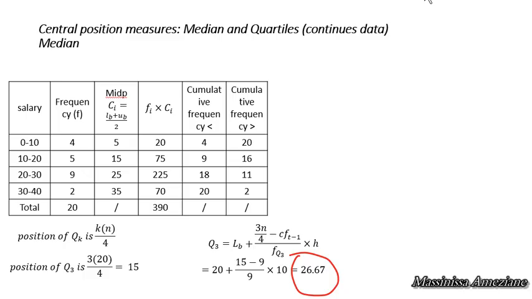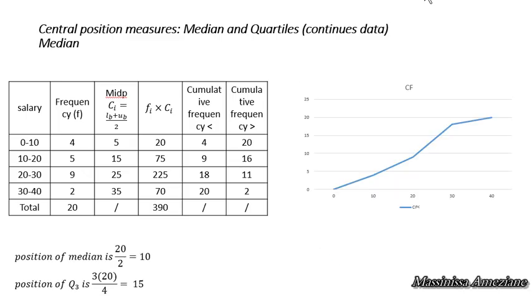Now let's see how to find the median and the quantiles using the graph. Graphically, to find those position measures, we need to draw the ogive curve of cumulative frequency less than.